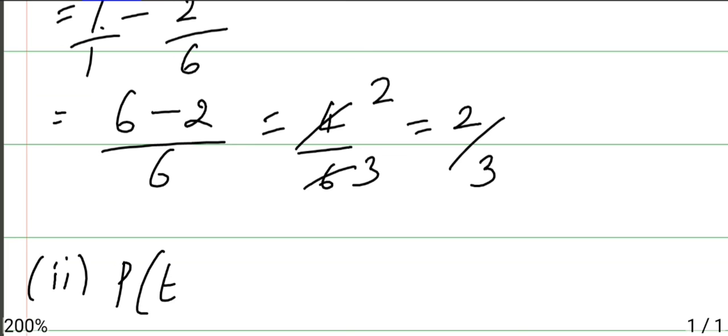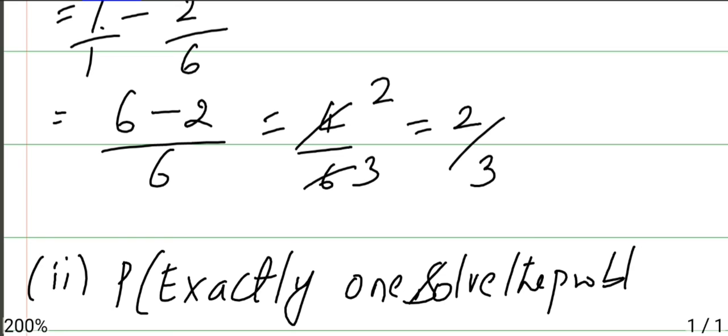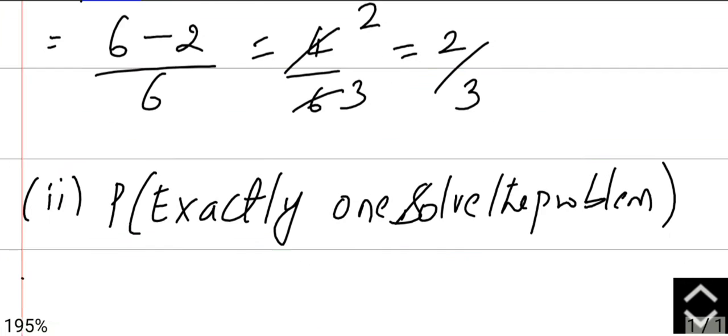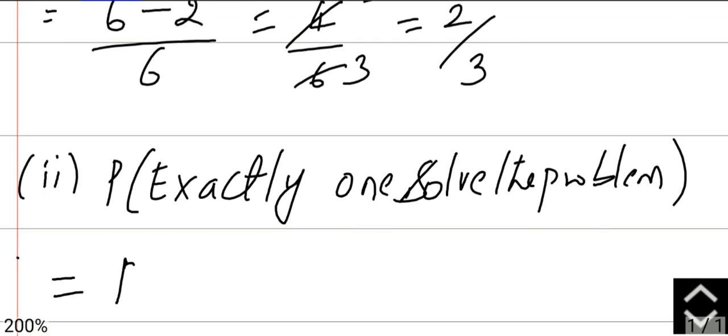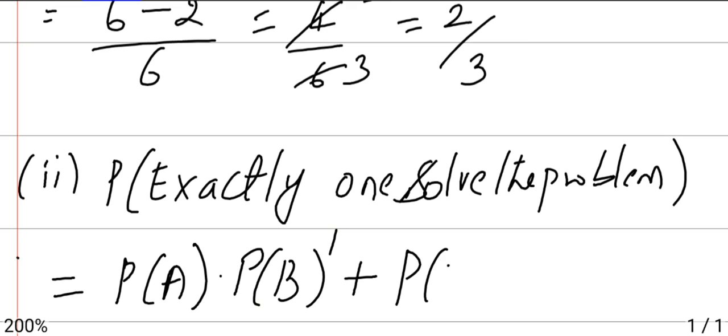Then the second one: exactly one solves the problem. That can be written as the probability that A solves the problem and B does not solve the problem, and then B solves the problem and A does not solve the problem.